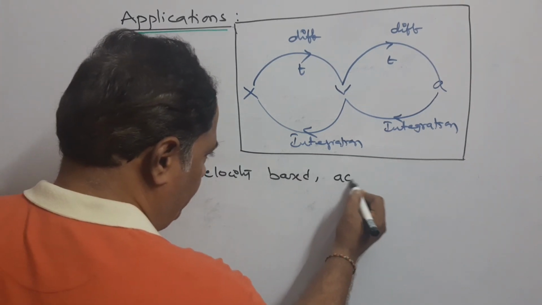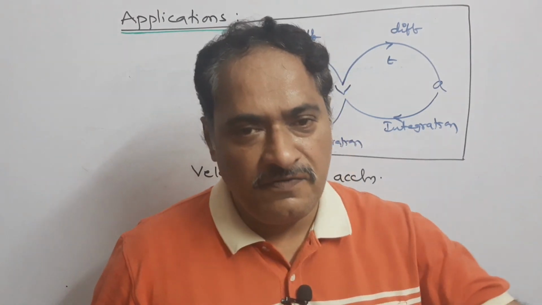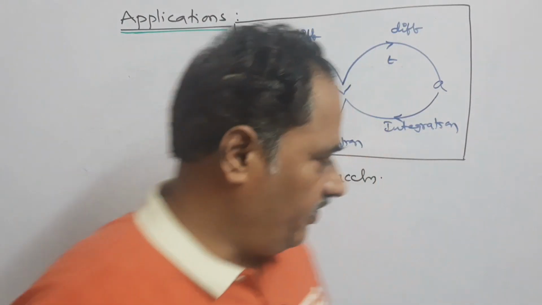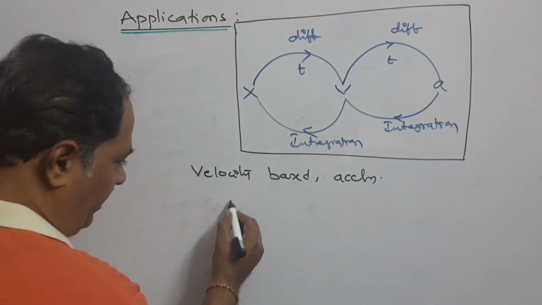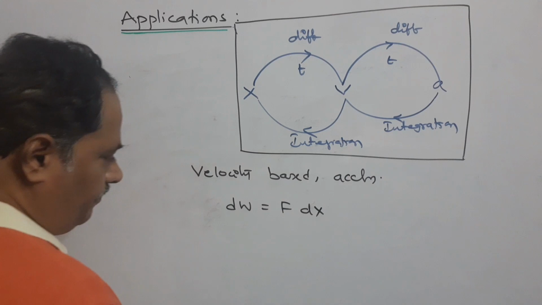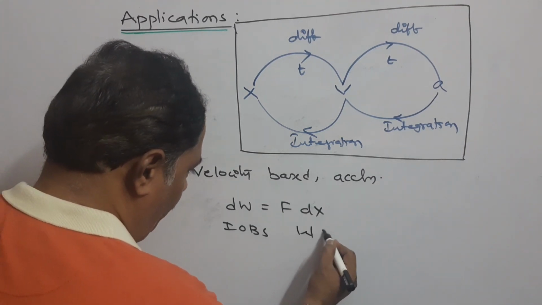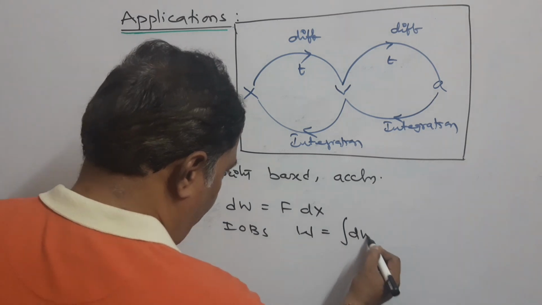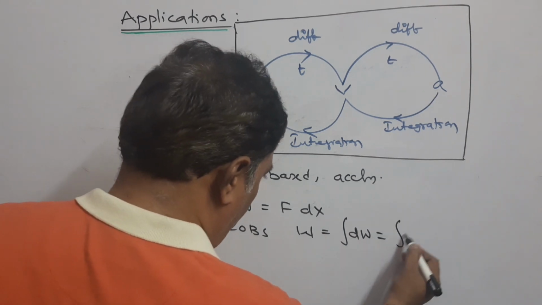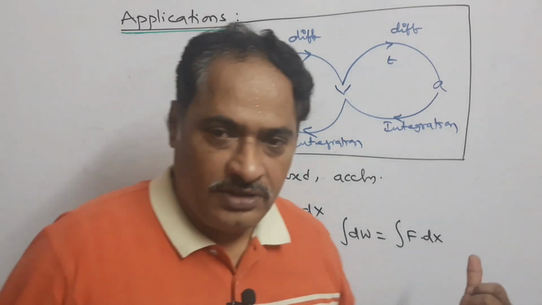acceleration based, like this. Not only these two, in the case of dynamics also, especially if you want to consider dW equal to F dx, after integration you are able to get work done equal to integral dW, that is equal to integral F dx.